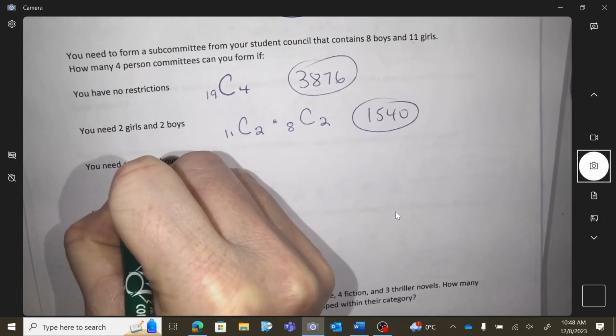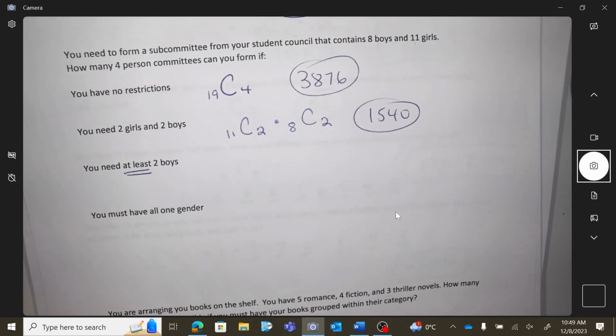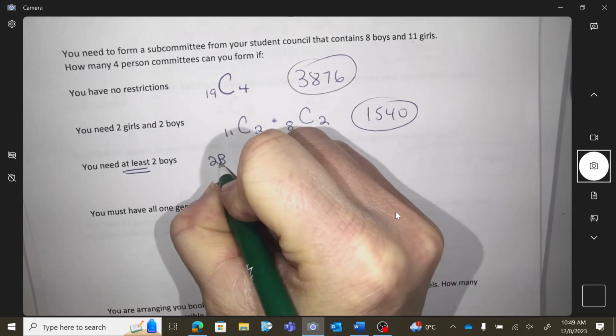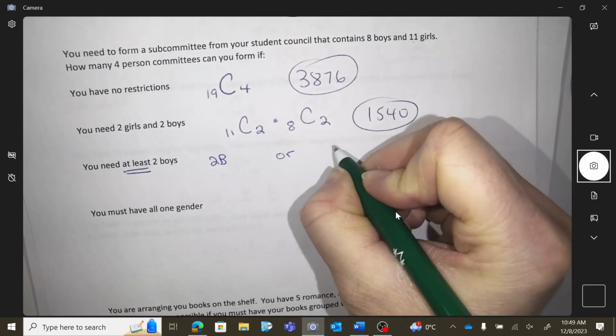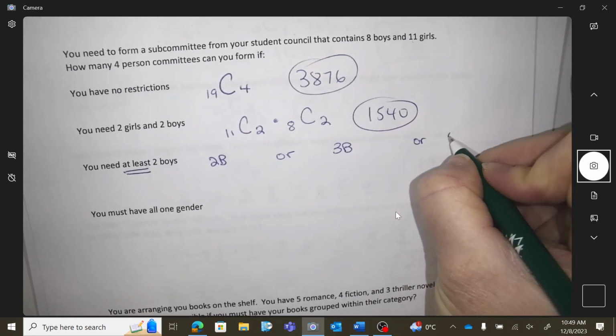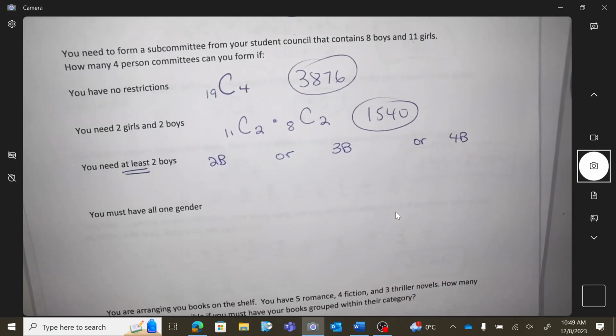Okay, this one says you have to have at least 2 boys. So there's different possible scenarios. So you could have had 2 boys on your committee, or you could have put 3 boys on there, or you could have done 4 boys and filled the whole committee with boys. Right?